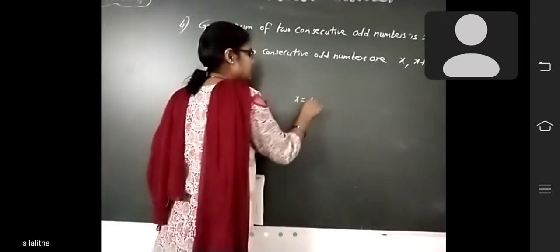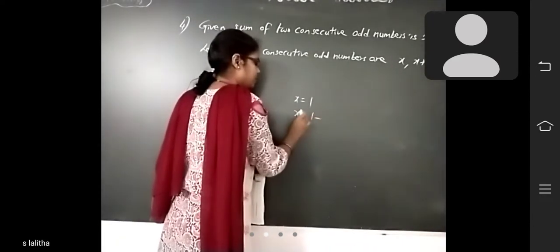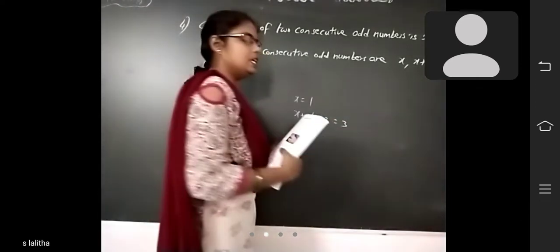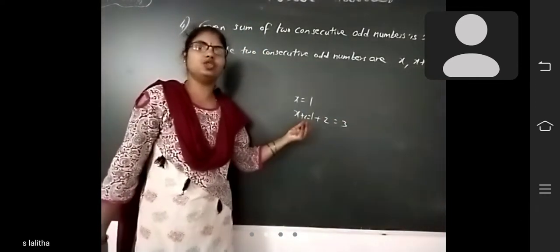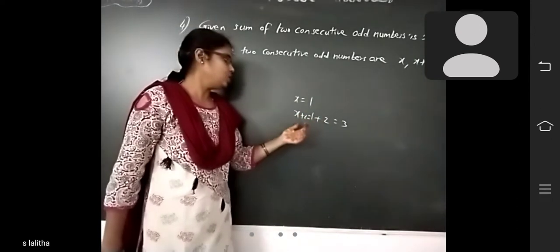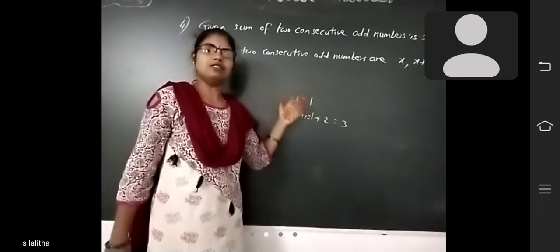If you take x is equal to 1, what is the next odd number? x plus 2 will be 1 plus 2, how much? 3. So that's why I am taking x and x plus 2. 1 is an odd number, and next you should take x plus 2, that means 1 plus 2, 3.